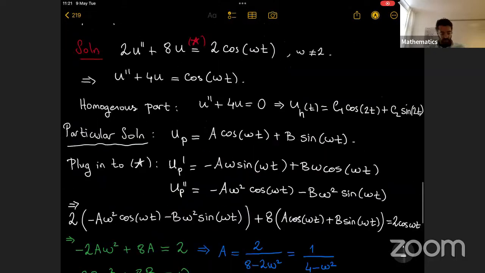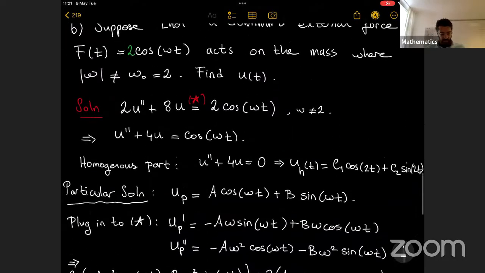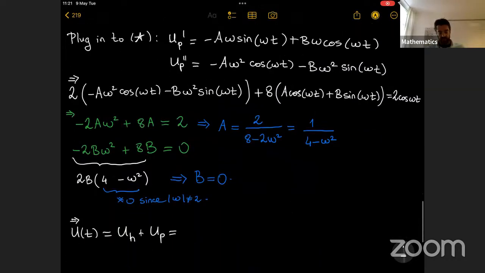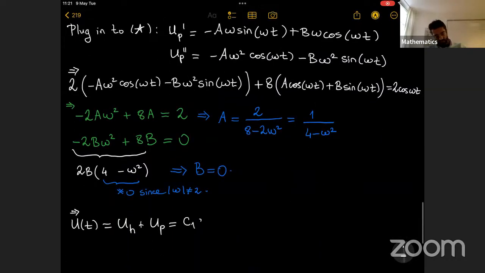The homogeneous part, remember, it was C1 cosine 2t plus C2 sine 2t.